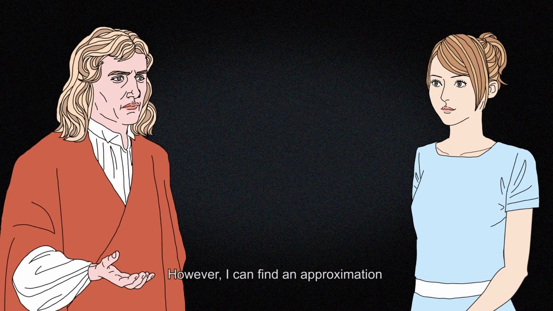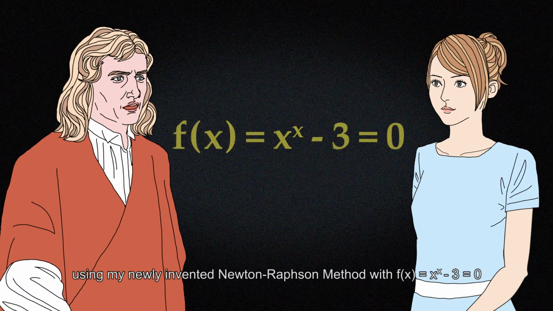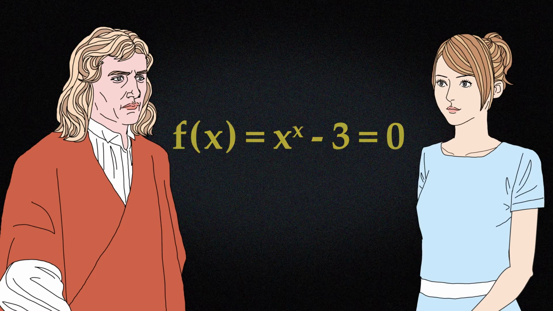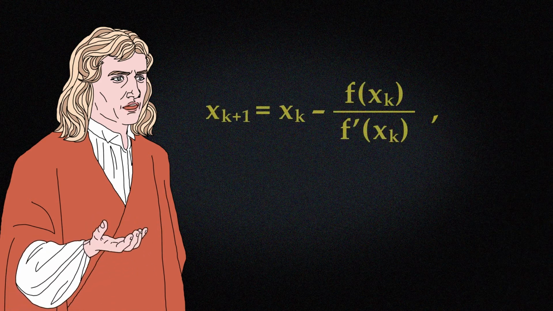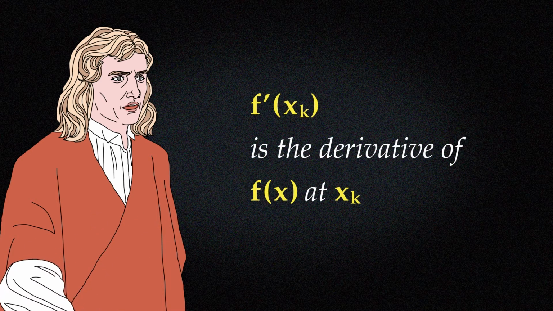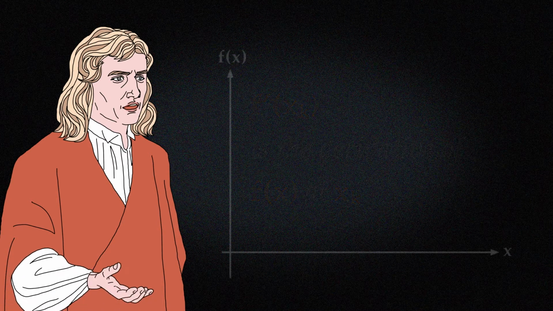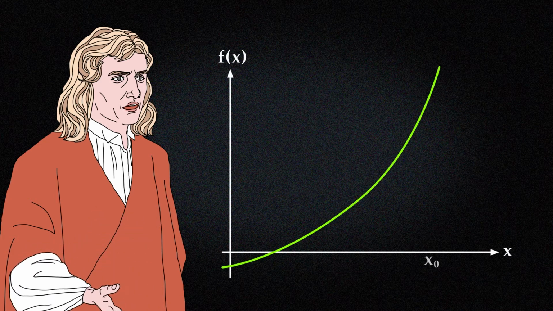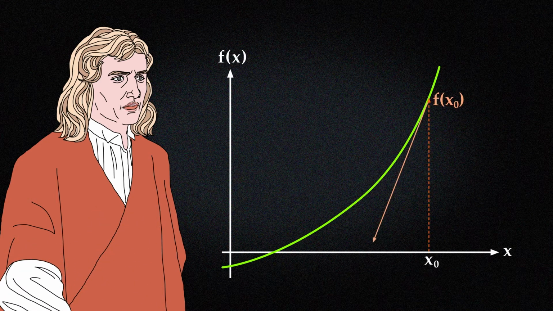However, I can find an approximation using my newly invented Newton-Raphson method with f(x) equals x to the x minus 3 equals 0. x_{k+1} equals x_k minus f(x_k) over f prime of x_k, and f prime of x_k is the derivative of f(x) at x_k. Starting from x0, x1, x2, x3 will be computed in succession, getting closer and closer to the solution.